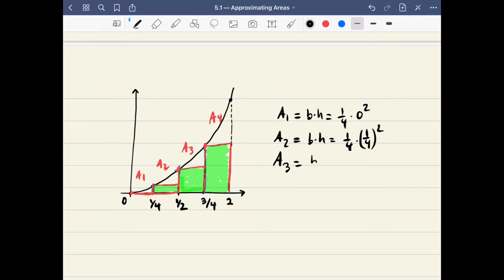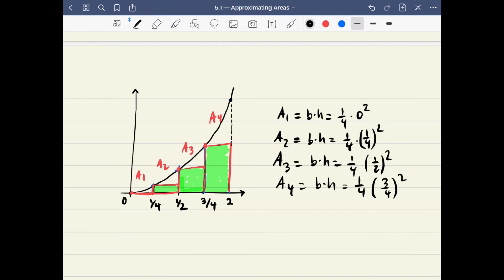A3 is base times height, so 1/4 times 1 over 2 squared, and then the last one is A4, which is base times height, which is 1 over 4 times 3 over 4 squared. All right, so finally, let's add these numbers up.